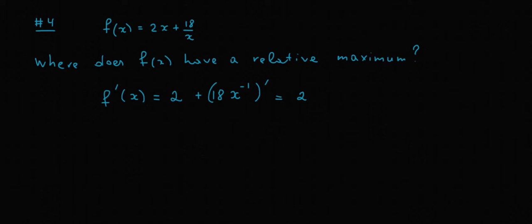And so it will be 2 plus 18 times negative 1. Just to remind you, the power rule says that the derivative of a power of x, let's say x to the power n, equals n times x to the power n minus 1.